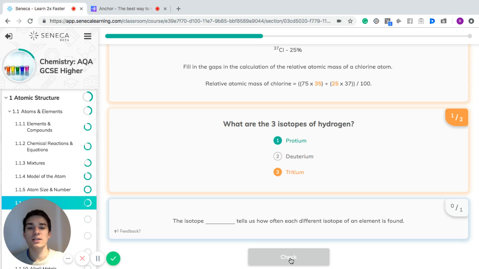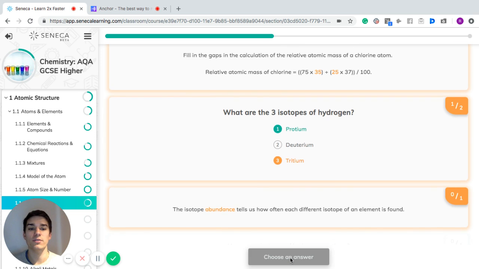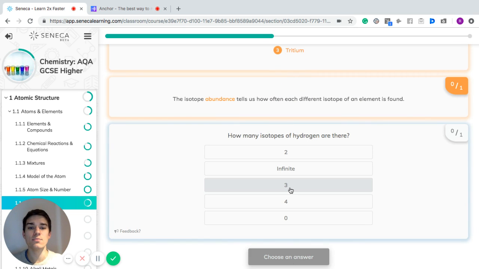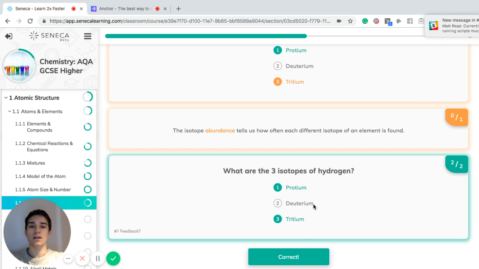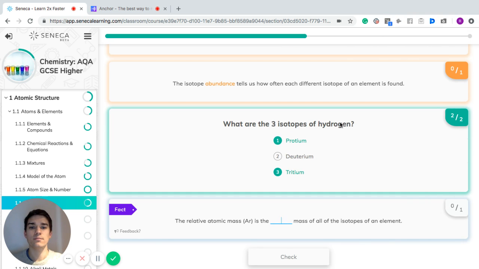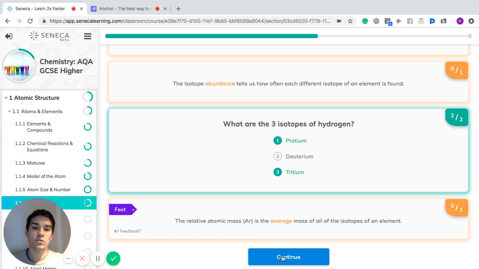And the isotope abundance tells you how often each different isotope of an element is found. And remember, the 3 isotopes of hydrogen are protium, deuterium, and tritium. The relative atomic mass is the average mass of all isotopes of an element.